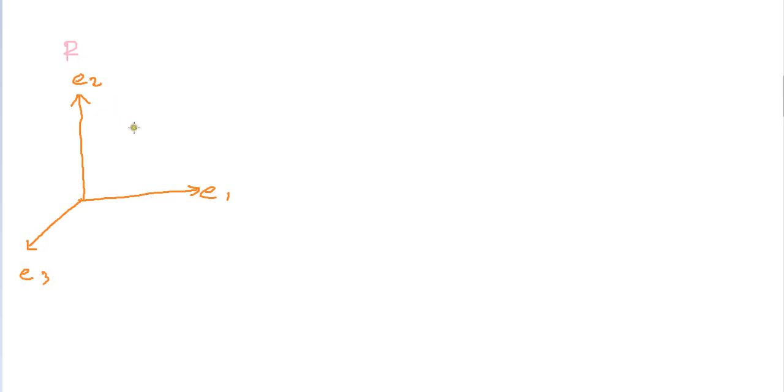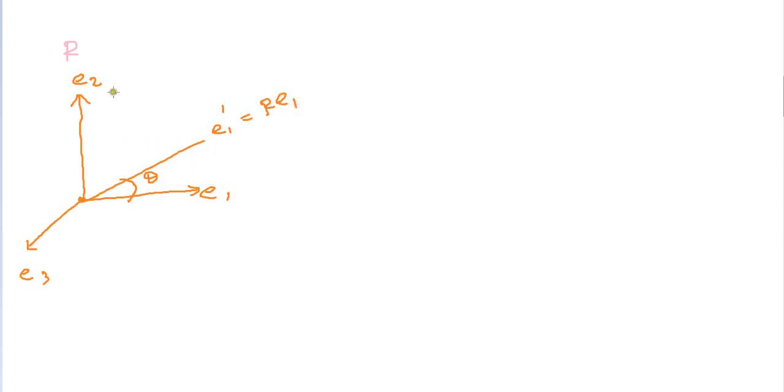That means R rotates the whole coordinate system by the angle theta about E1. There is no rotation of E1 itself, and E2 should be transformed by the amount of theta here. So you can write E2 prime or R E2.